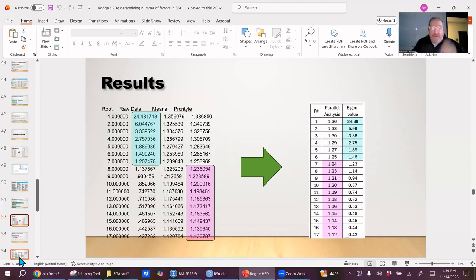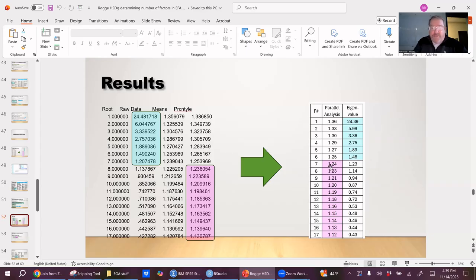And it actually also gives you the eigenvalues. So these are the eigenvalues it got with principal components analysis. These are the eigenvalues I got with principal axis extraction. And they're not exactly identical, but they're fairly close.